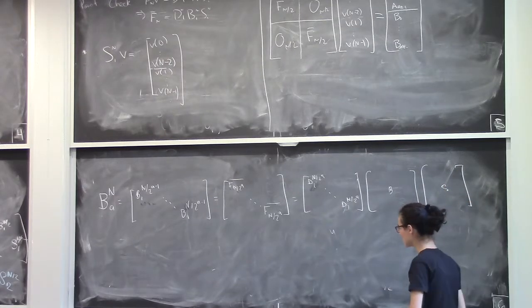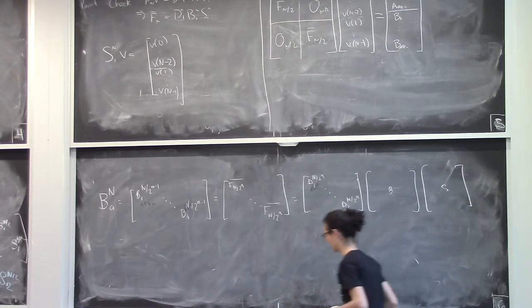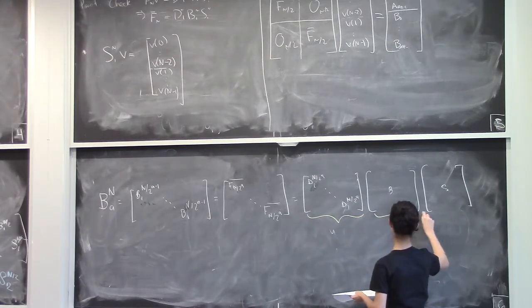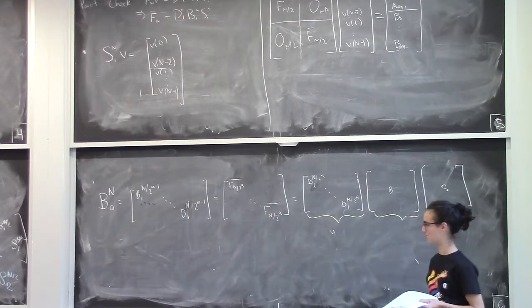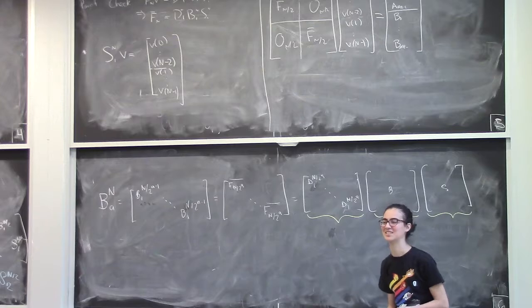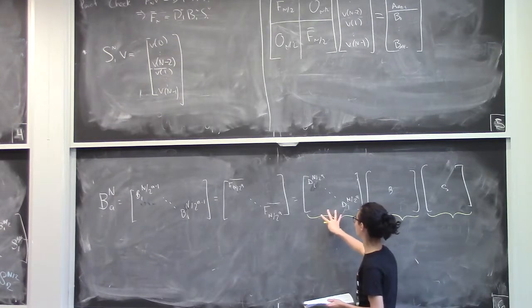Okay? So what I want you to notice is basically that these matrices are actually something we know. We know how to call them. Can anybody tell me how you would call, for example, this matrix over here?